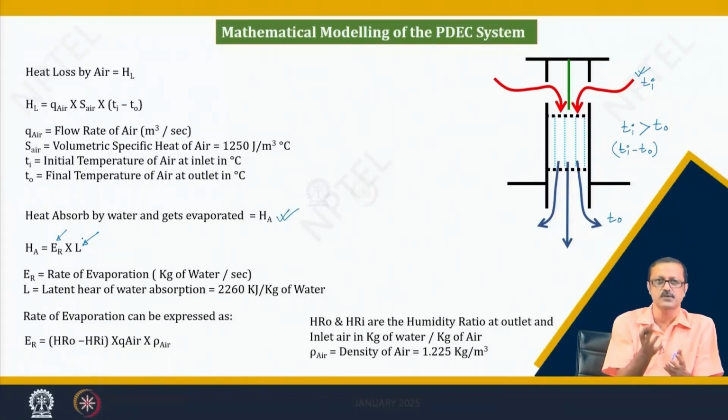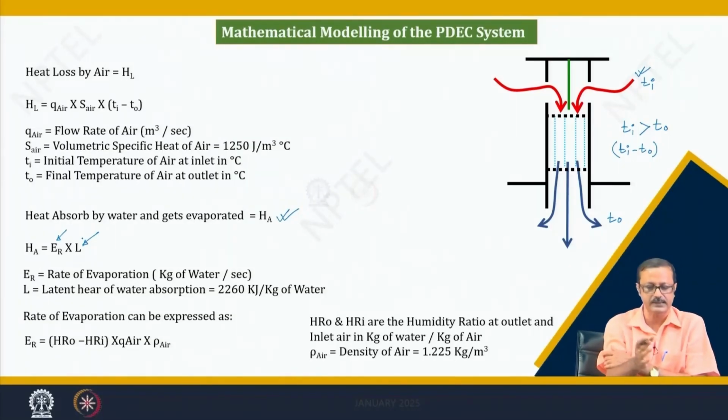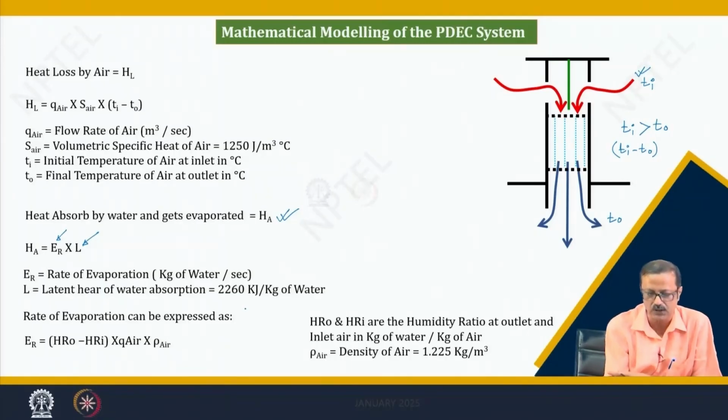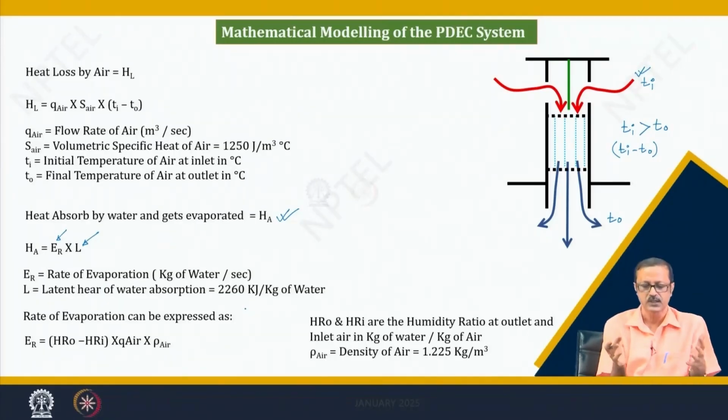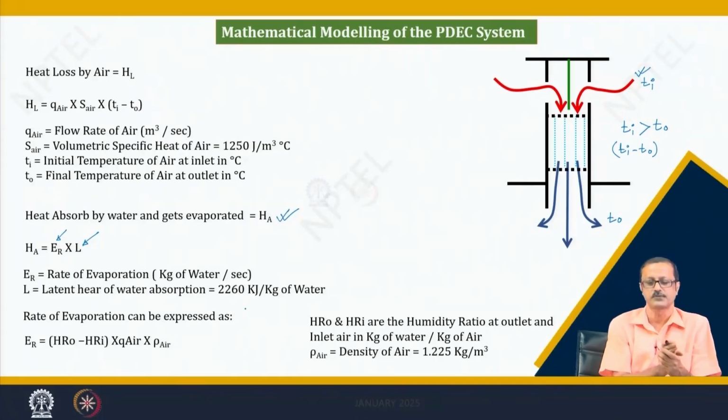By multiplying with the latent heat, which is 2260 kilojoules per kg of water, I can find out that this much amount of heat is absorbed by the water, and that amount of water becomes vapor.